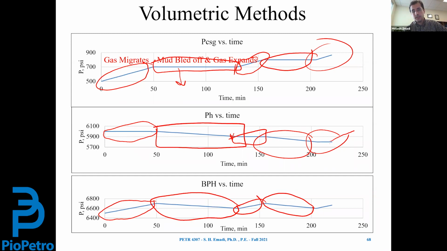When gas migrates, it drops by 100 when we remove mud column. We remove mud from the surface, and this keeps happening till the formation fluid, which is gas, basically, reaches the surface. When the gas reaches the surface, we replace the gas with the mud, then this pressure becomes constant, flat.